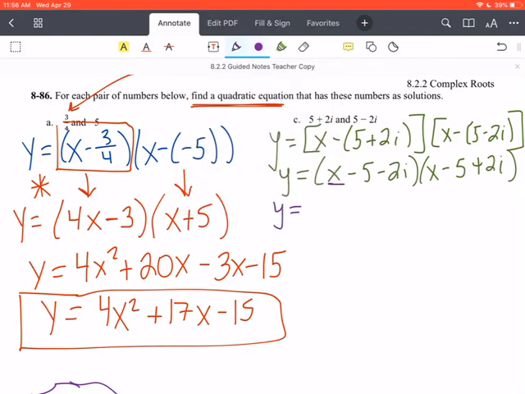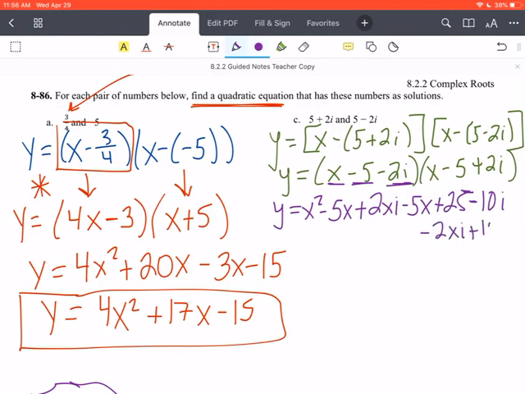So y equals x squared minus 5x plus 2xi. And then we have negative 5x plus 25. And then minus 10i. And then we have negative 2xi plus 10i. And then minus 4i squared.